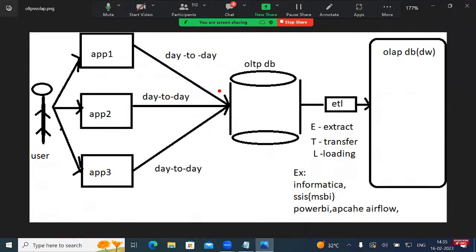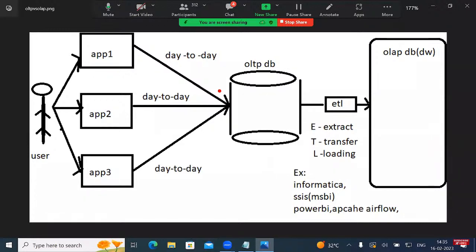Suppose your business is very big and 1 GB of data is generated every hour. Then they will transfer hourly, moving the data every hour, so that 1 GB is transferred immediately. If huge numbers of transactions are going on, data can even be moved every second, every minute, or every half an hour.